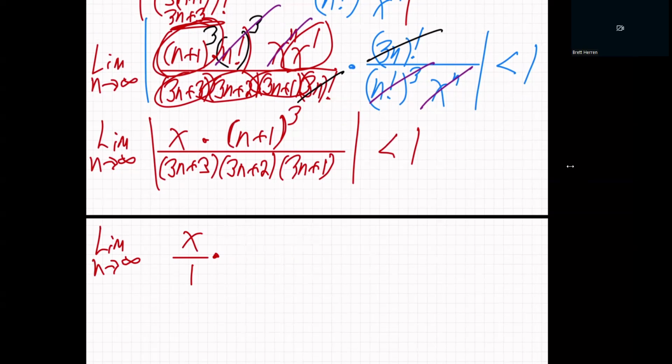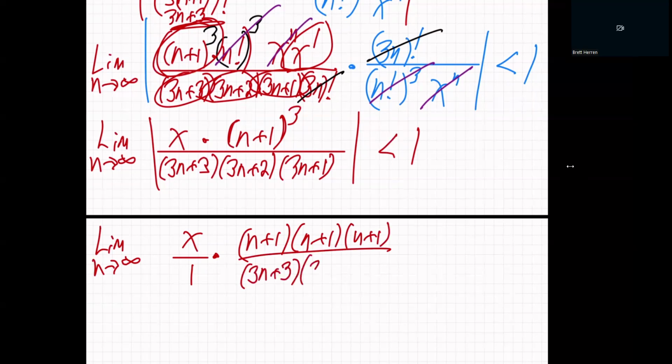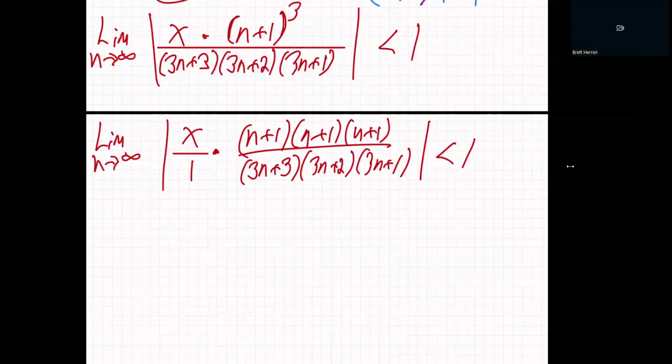What is n plus 1 cubed going to mean? It's going to mean n plus 1 times n plus 1 times n plus 1 over 3n plus 3, 3n plus 2, 3n plus 1, absolute value less than 1. Now, we're going to infinity, right?